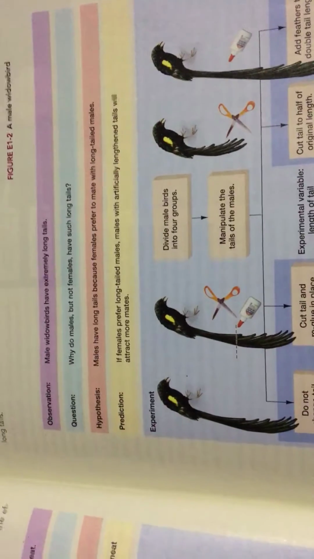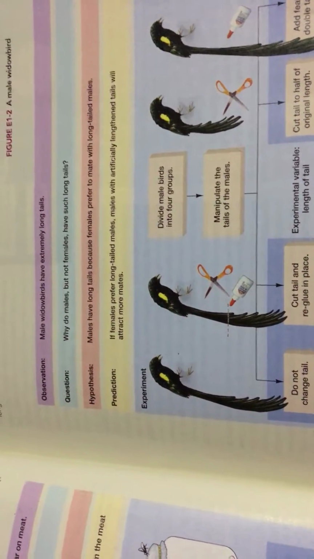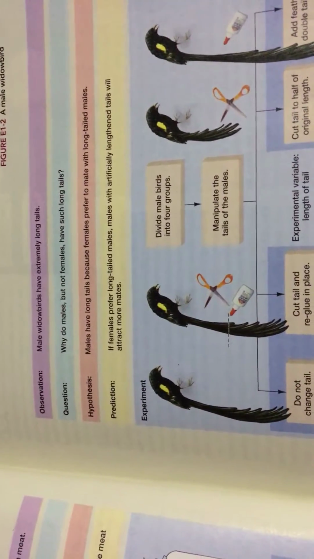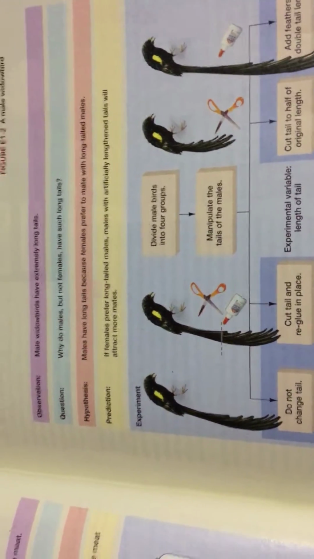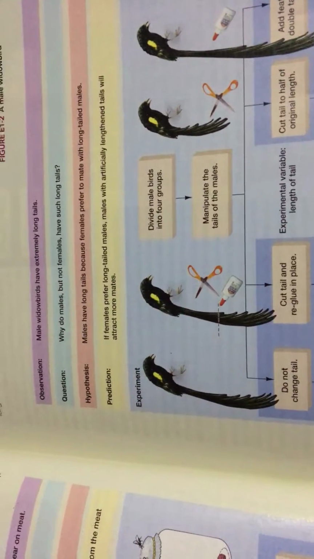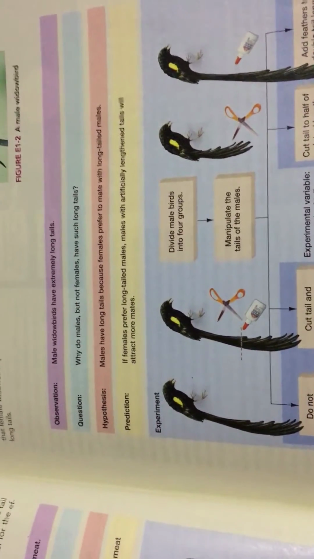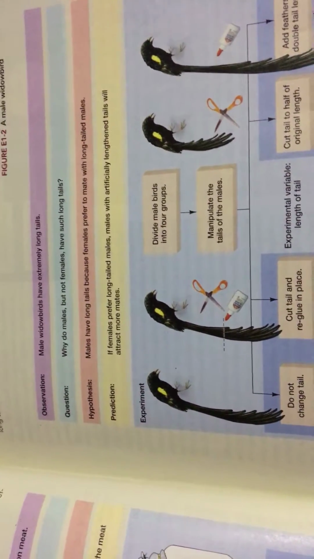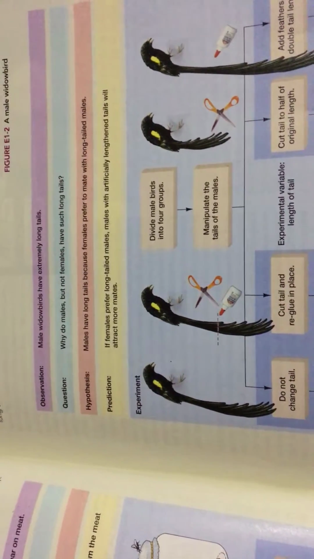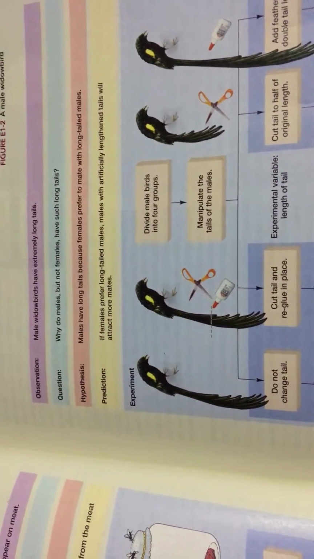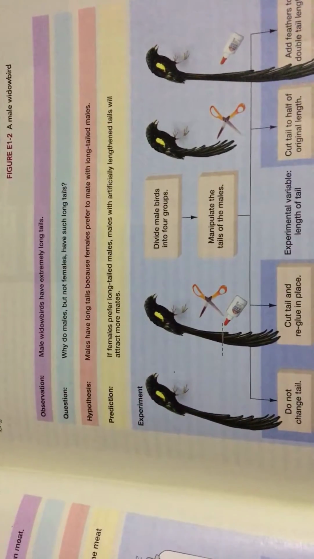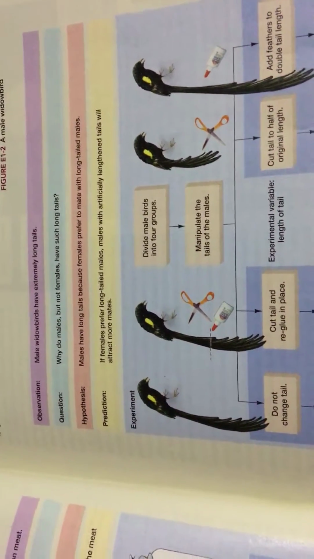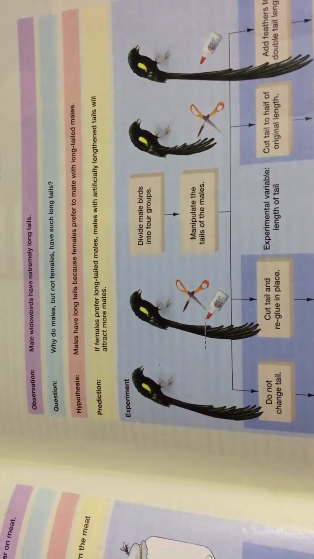And here's another one. These two different types of the same bird. Basically, it's the same breed, but one there on the right has a short tail and the other has a long tail. This is a widow bird, and the males have really long tails. So the question is, why do males but not females have really long tails?